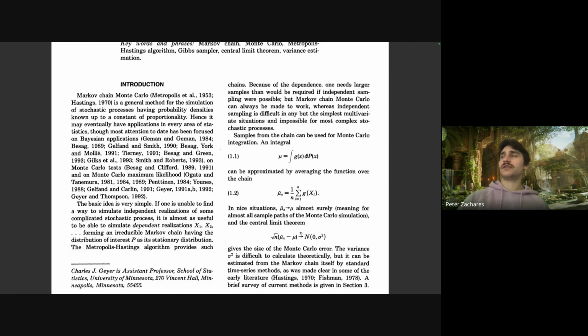But you're taking an integral over your probability space with respect to some function. So that's calculating the expected value of that function. If your function is just identity, then you're calculating the mean of the distribution. But anyway, we'll take the more general case of trying to calculate the expected value of a function with respect to your probability space.